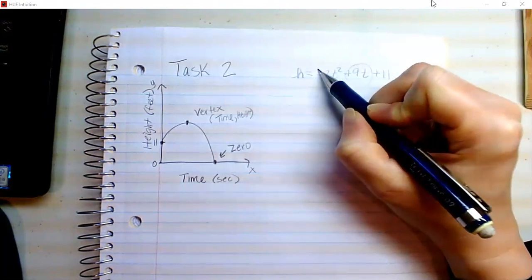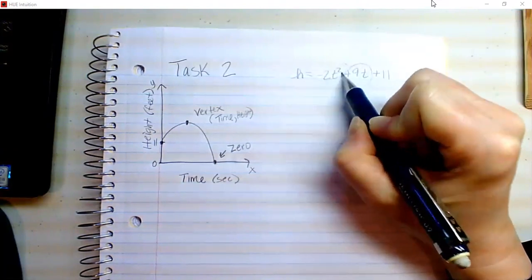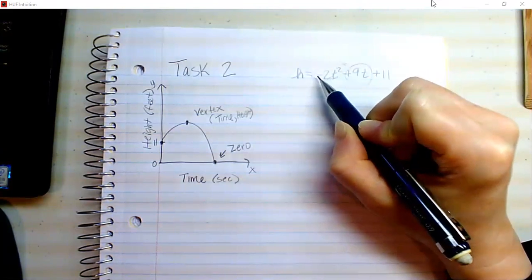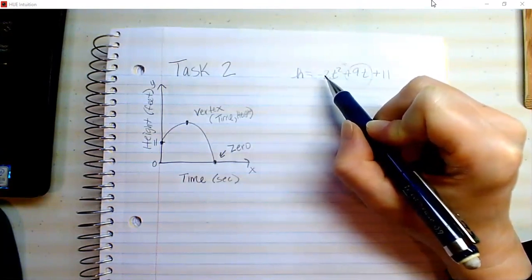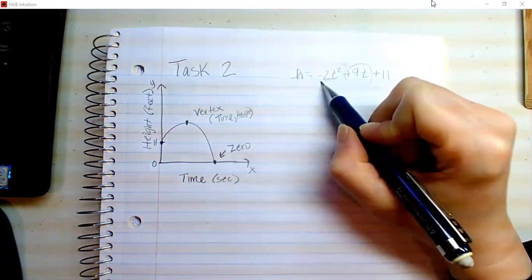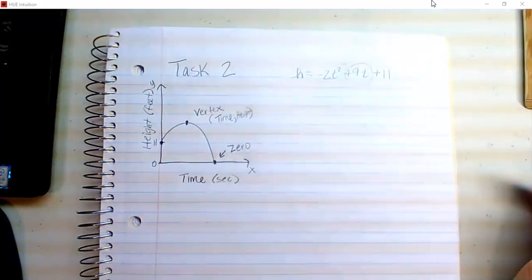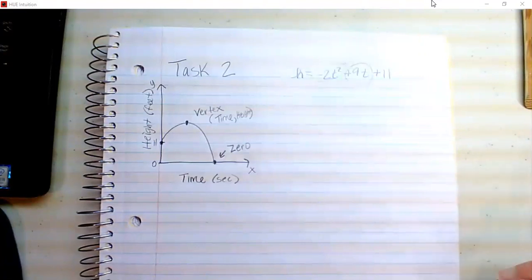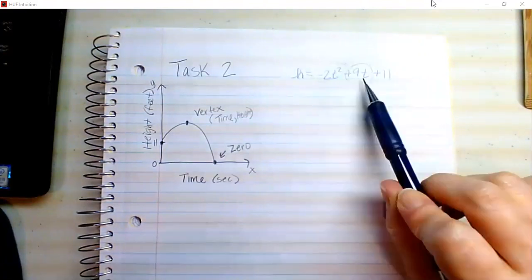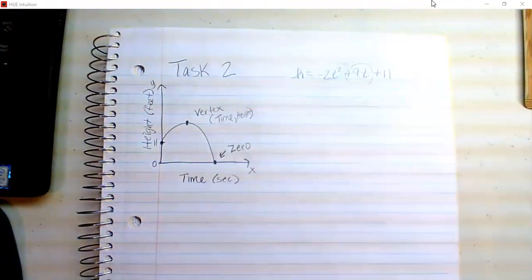This first term right here, just going on a tangent a little bit, is where gravity is acting on our quadratic, okay? You'll get into more details with that in Algebra 2, but for right now, I just wanted to point out a couple of things here with the initial velocity and your y-intercept.